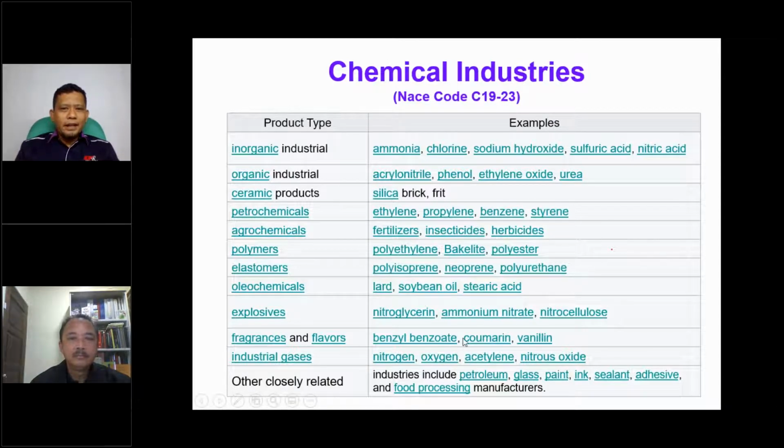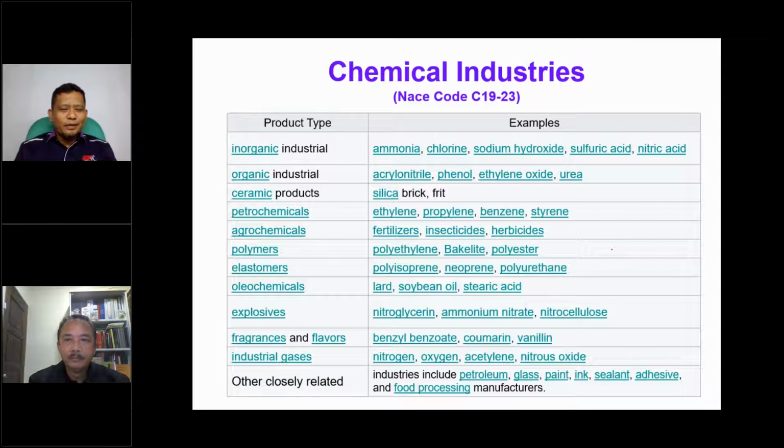And we have C21, 22, 23, which closely talk about paint, ink, sealant, adhesive. And in fact, in chemical industry we can also consider food processing. The process is almost the same as chemical industry.